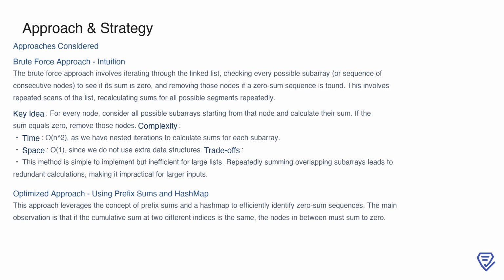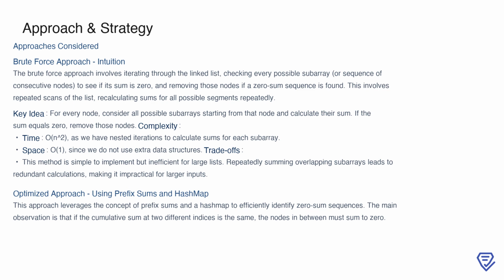Since we need nested iterations to calculate sums for all possible subarrays, the time complexity becomes n squared. Additionally, the repeated summation of overlapping subarrays leads to redundant calculations, which makes this approach impractical for larger linked lists. However, it does have the advantage of requiring constant space, as it doesn't depend on any auxiliary structures to store intermediate results.